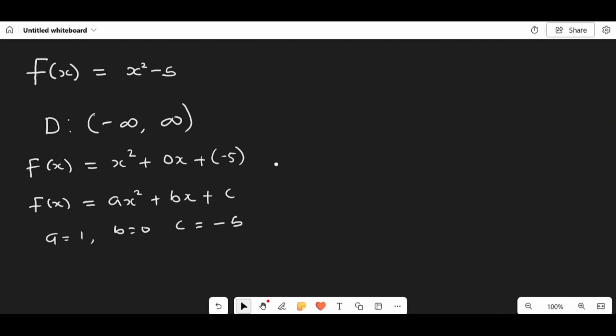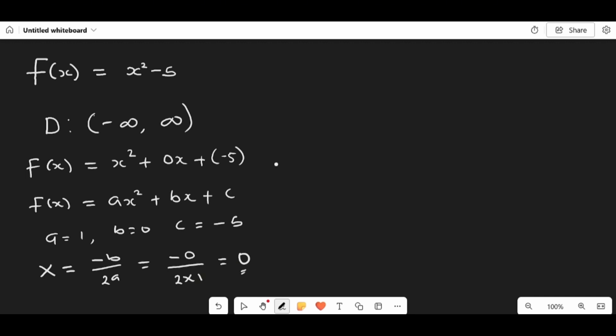The x coordinate of the vertex of this quadratic function can be calculated by using this formula: x equal to minus b over 2a. Now let us substitute the values of our b and our a into this equation. We are going to have minus 0 over 2 multiplied by 1, which is equal to 0.